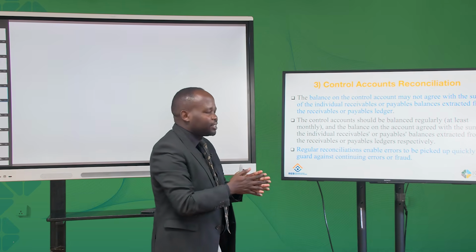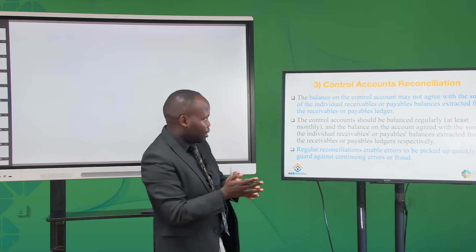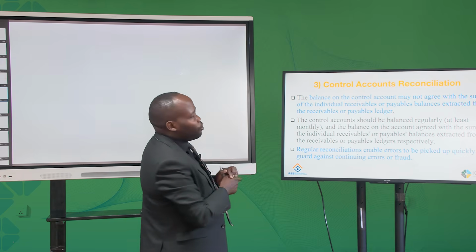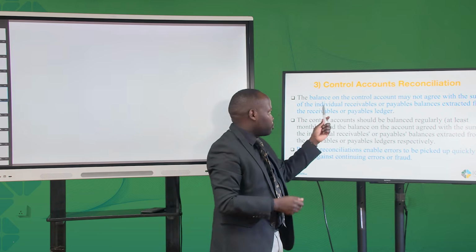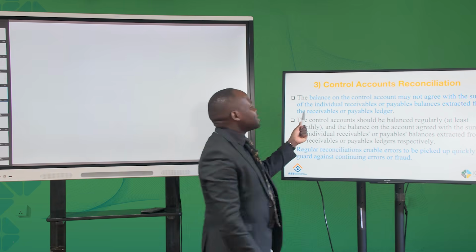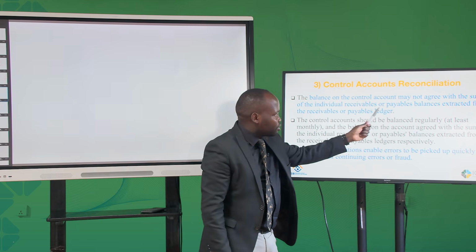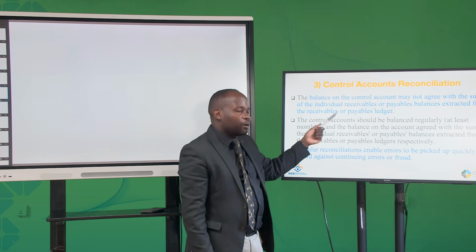Next, control accounts reconciliation. We must be in a position to reconcile the control accounts. And we have already seen how we do the reconciliation of control accounts in the previous example. So the balance on the control account may not agree with the sum of individual receivables or payables balances extracted from the receivables or payables ledger.